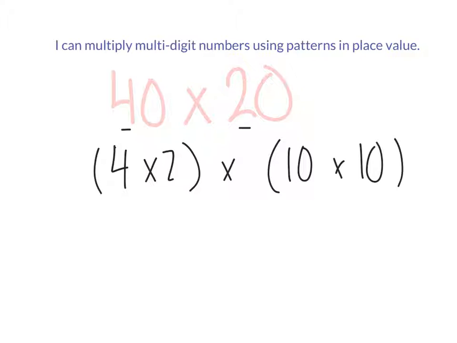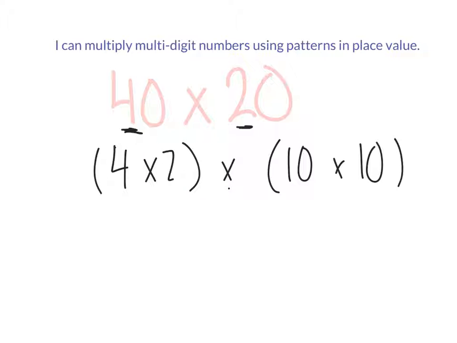I see the only digits I have that are not 0 are in the tens place, and it's just 4 times 2, so I can take those out. They're separate. We can do 4 times 2, and then just times the place value that each of those numbers are in. So, for example, my 40 is in the tens place. My 2 is in the tens place. That's why I'm multiplying 10 times 10 at the end.